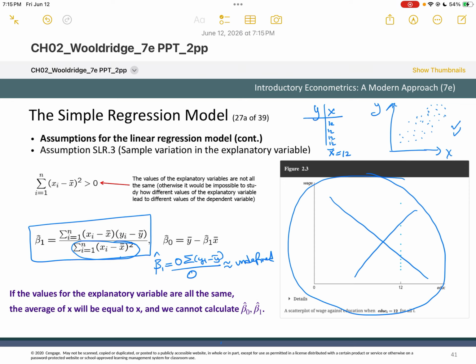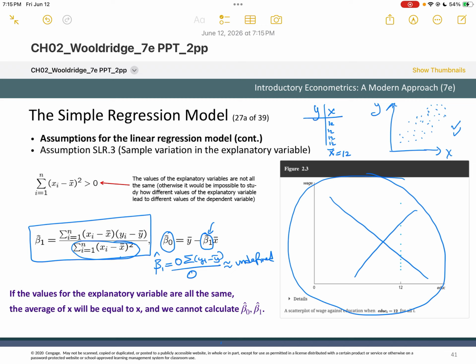If we are unable to identify our beta 1 hat, do you notice how it will be very difficult to also estimate beta 0 hat? So not having enough variation in our explanatory variable x makes our life very difficult.